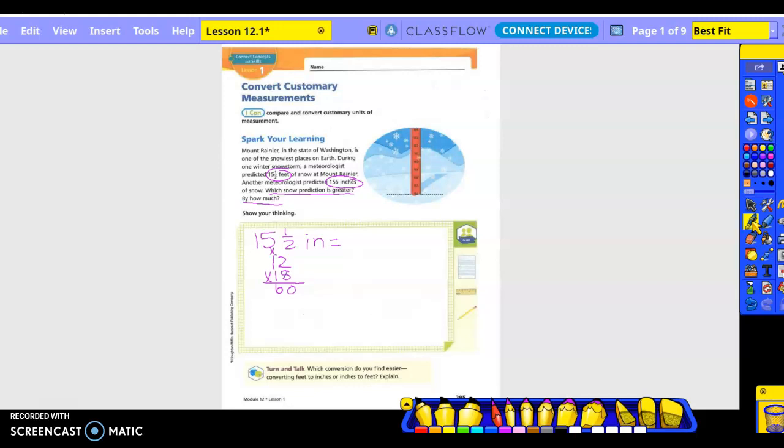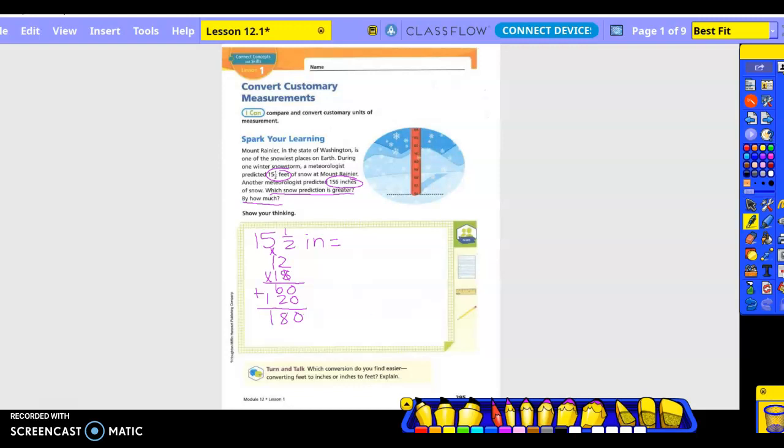Put a 0 because we're moving to the tens spot. 1 times 2 is 2. 1 times 1 is 1, and then we add: 0, 8, 1.